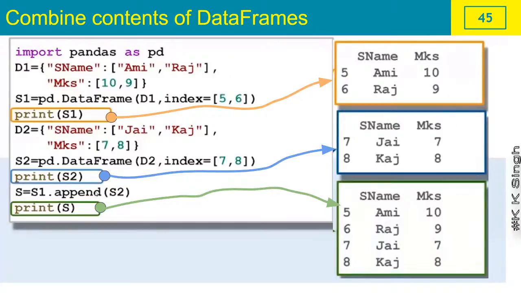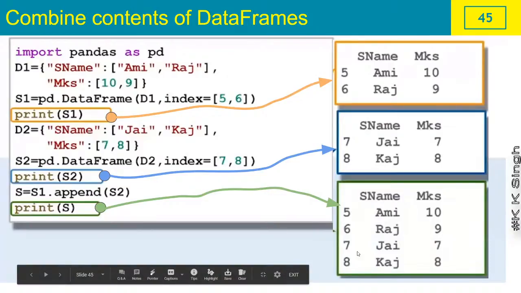So when you see this statement, S is equal to S1.append(S2), at the bottom of S1 we are adding S2. So when you print S, you'll get 5 Ami marks 10, 6 Raj marks 9, 7 Jay marks 7, and 8 Kaj marks 8.